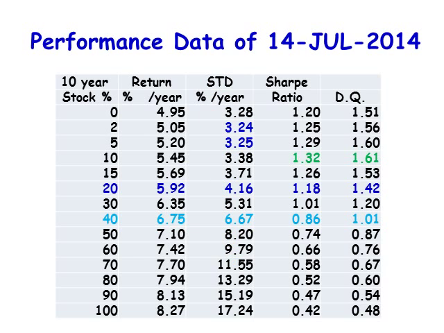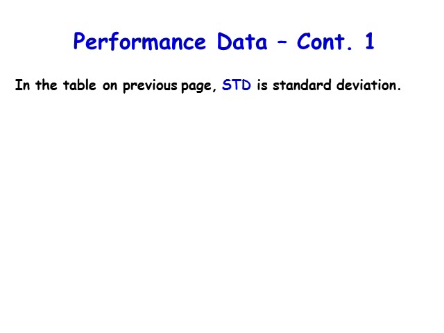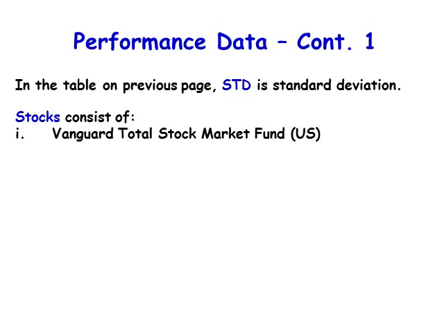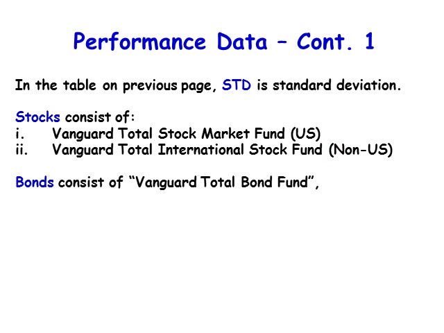Let's continue. In the table on the previous page, STD is standard deviation. Stocks consist of the Vanguard Total Stock Market Fund, which is a US fund, and the Vanguard Total International Stock Fund, which is a non-US fund, and bonds consist of one fund, the Vanguard Total Bond Fund.